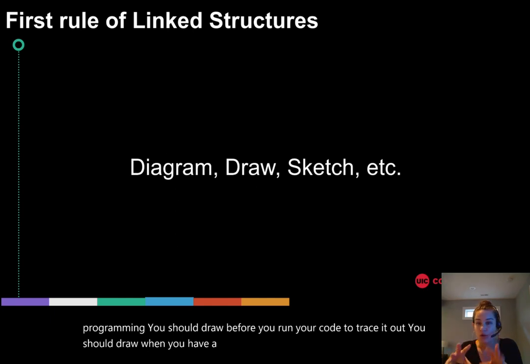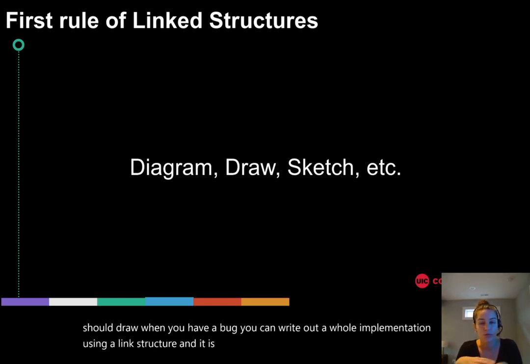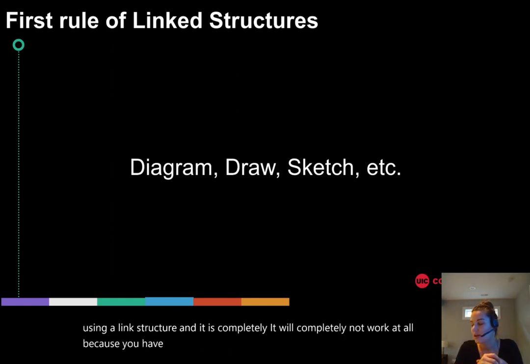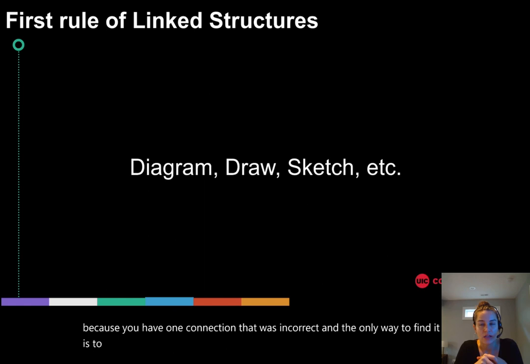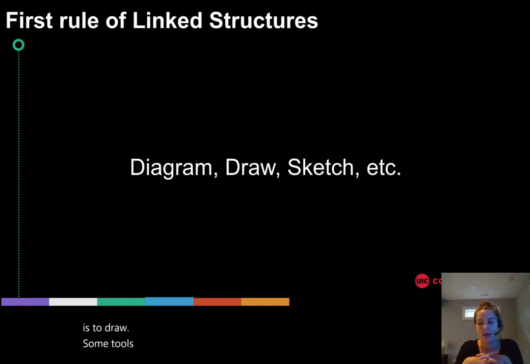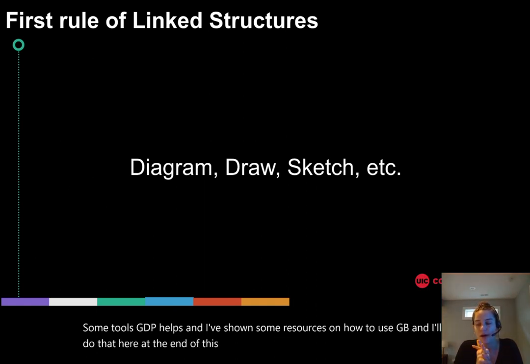You can write out a whole implementation using a linked structure, and it will completely not work at all because you have one connection that was incorrect. And the only way to find it is to draw. Definitely some tools like GDB help, and I've shown you some resources on how to use GDB, and I'll do that here at the end of this week's lecture as well.